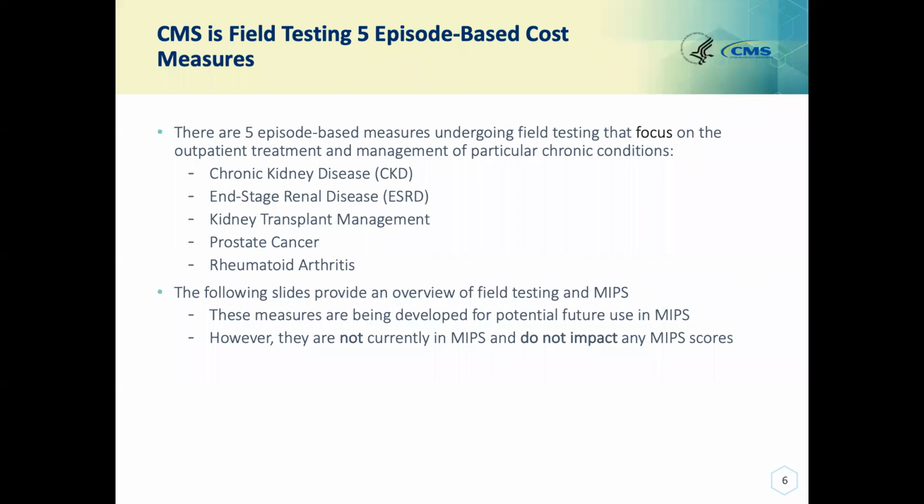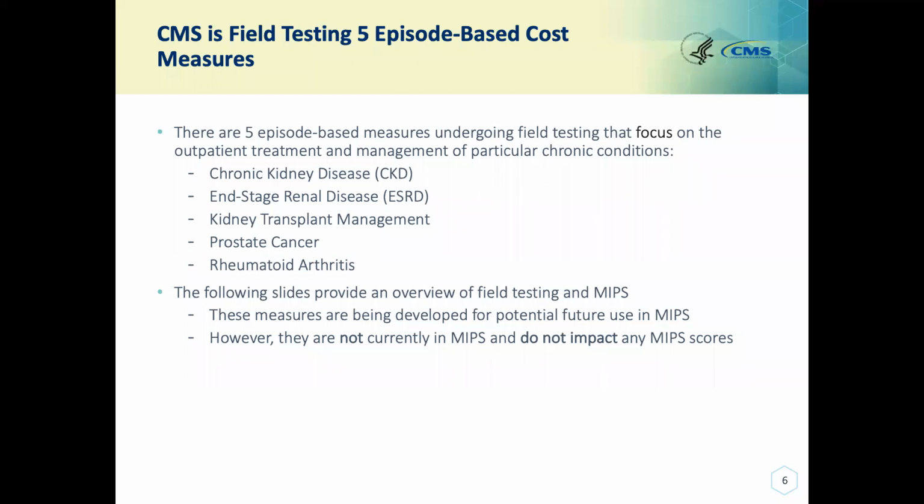The current wave of development is the 5th set of episode-based measures and covers a range of clinical areas, settings, and conditions that reflect agency priorities and measurement needs in MIPS. The first 2 measures are chronic kidney disease, or CKD, and end-stage renal disease, or ESRD. These were initially developed several years ago for use in the Kidney Care First option of the Kidney Care Choices model, and are now in the process of being respecified for potential use in MIPS.